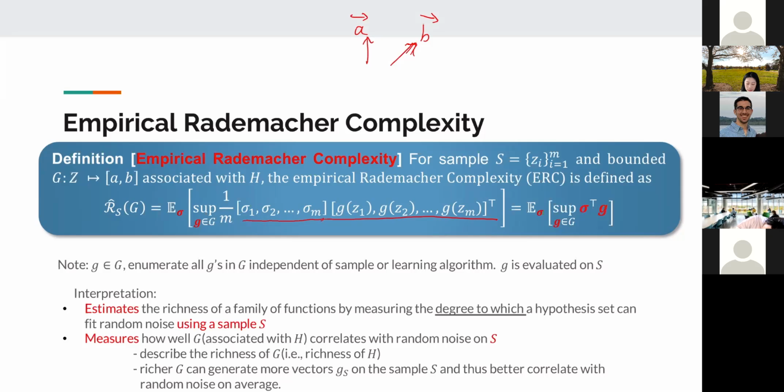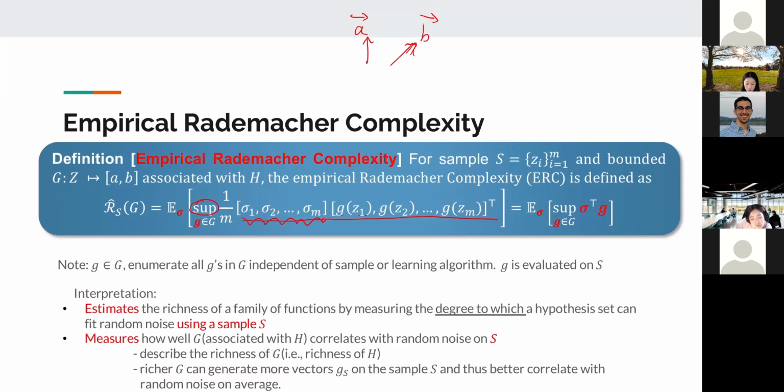So what does that mean? That means that your G of Z1 through G of Zm could fit this random noise pretty well, okay? Because you're taking the supremum over G, you can find a hypothesis that can fit random noise very well.